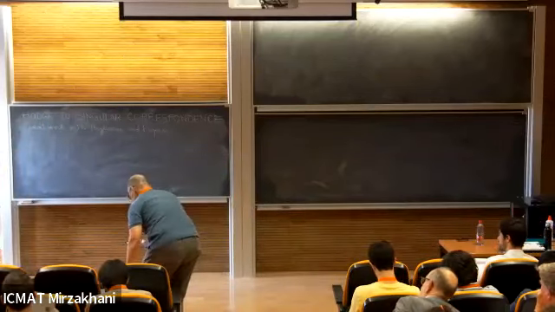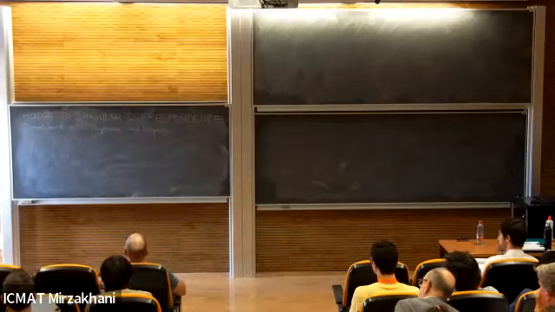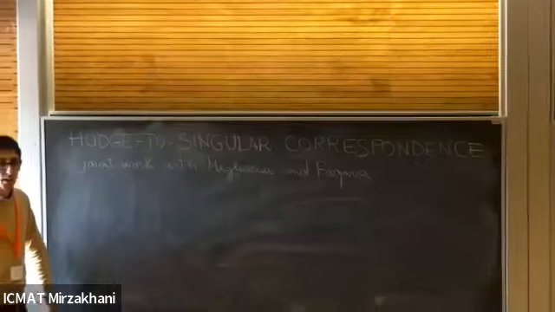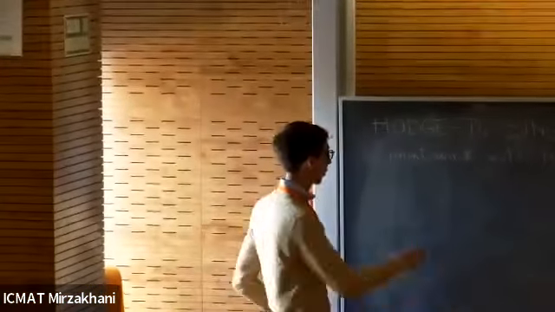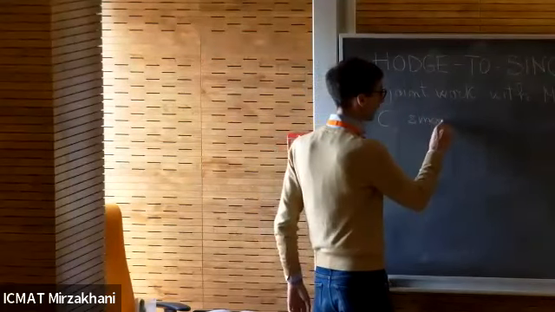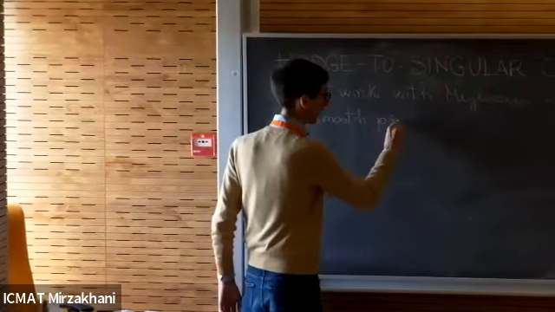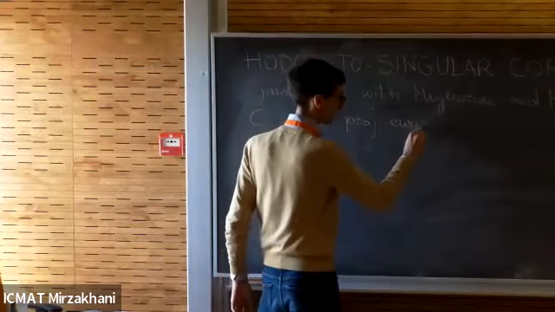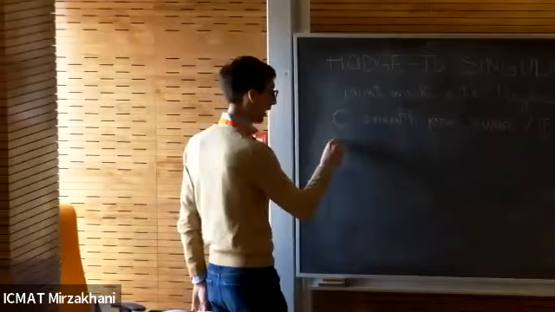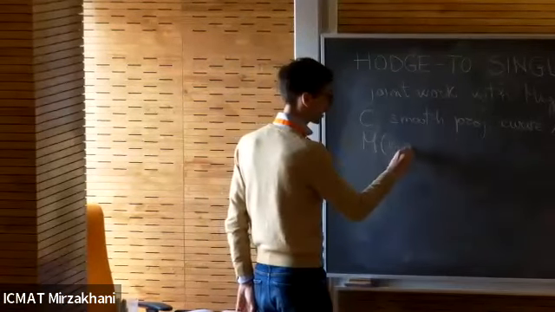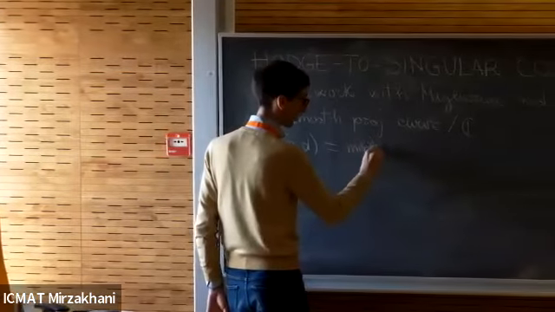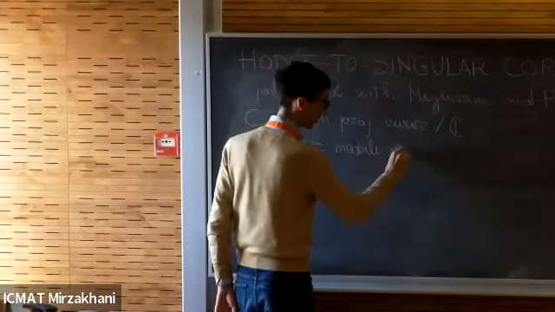So today I would like to explain a bit what we mean by Hodge-to-singular correspondence, and let me write a setup. So let's fix C, a smooth projective curve over the complex numbers, and I will denote by M_D what in the talk before has been called the moduli space of Higgs bundles.